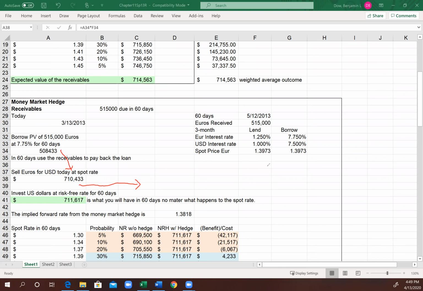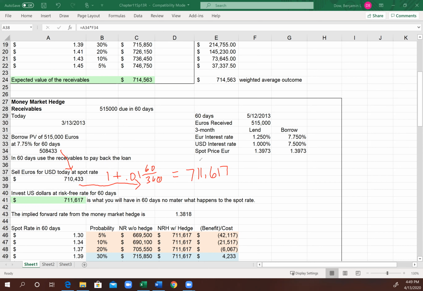And when we're investing, we're essentially lending the money out. So if you took 710,143 and we earned 1% for 60 days, it should give us 711,617.